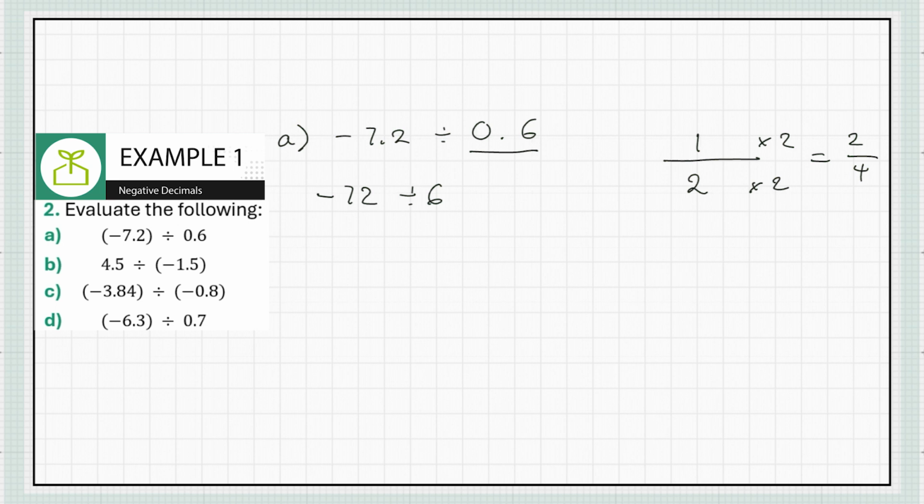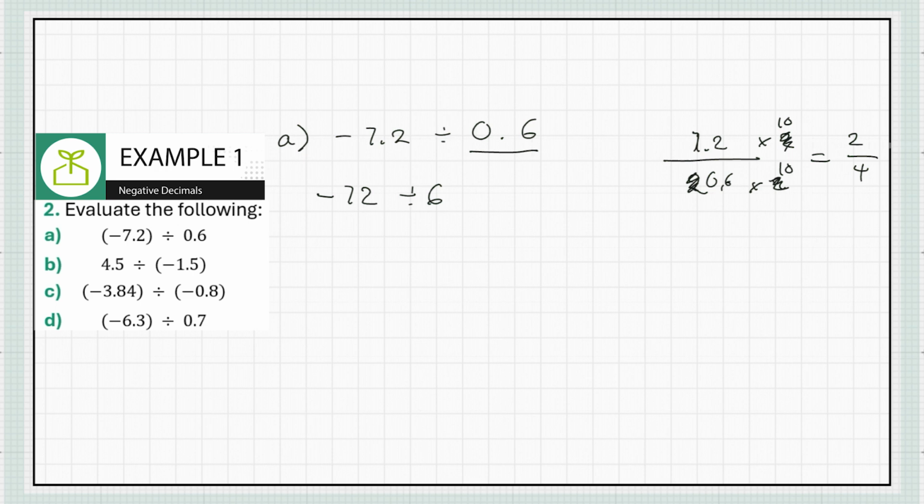But I can use this to change our division problem into simpler numbers. So I'm doing the exact same thing here. All I'm doing is, instead of this 1, it's a 7.2, and instead of this 2, it's a 0.6, and I'm multiplying both by 10 in order to get better numbers to do the division problem with.